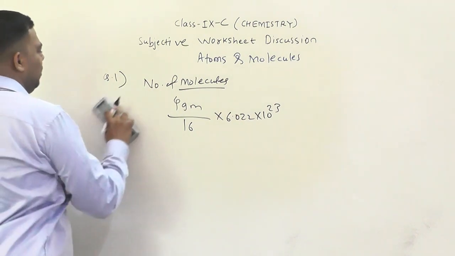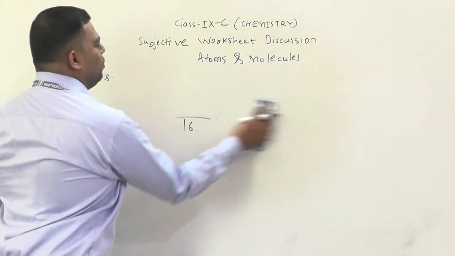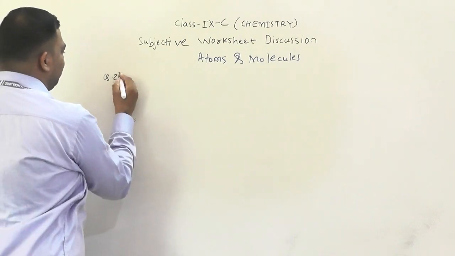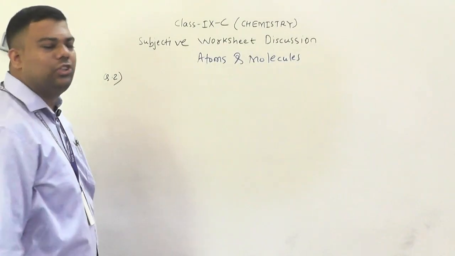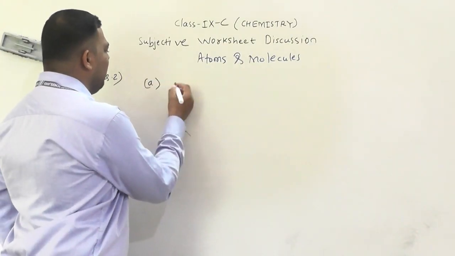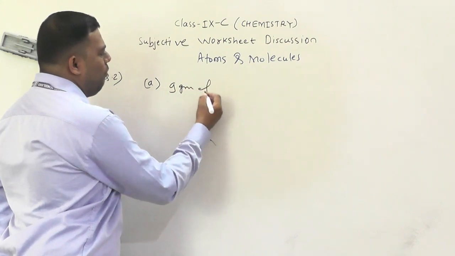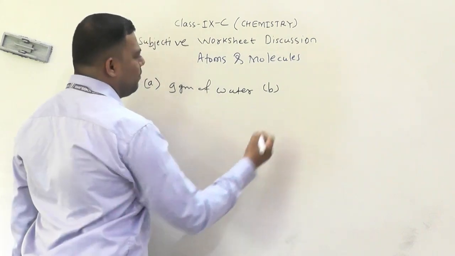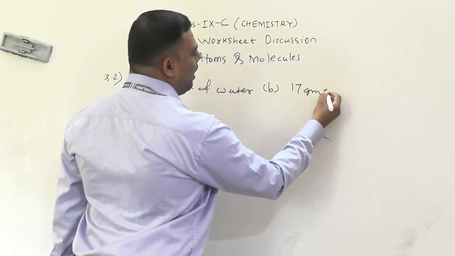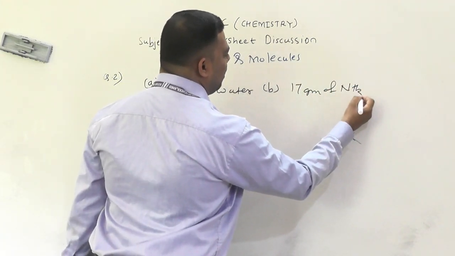Now we will discuss question number 2. In question number 2, how many molecules are present in (a) 9 gram of water and (b) 17 gram of ammonia?